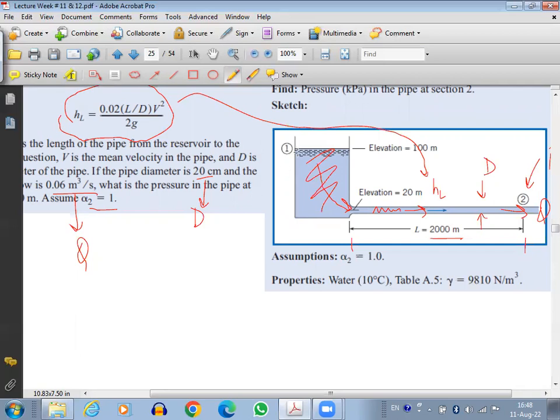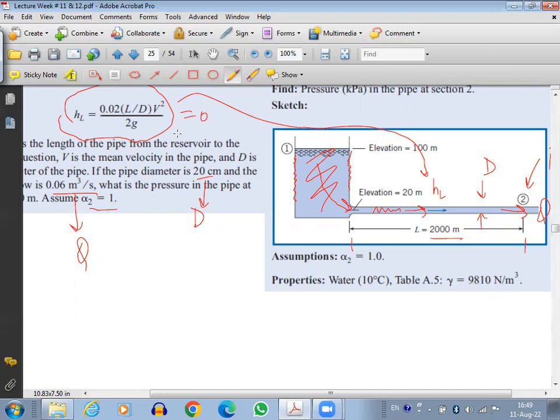Similarly, if the fluid motion was considered in this region or this region, again viscous effects cannot be ignored. But in the central region, you can ignore viscous effects because all the layers are moving at almost the same speed. So first of all, you cannot apply Bernoulli's equation here because the major flow is within the pipe length. Because of this, the head loss is provided. If the viscous effects were not there, head loss would be 0.